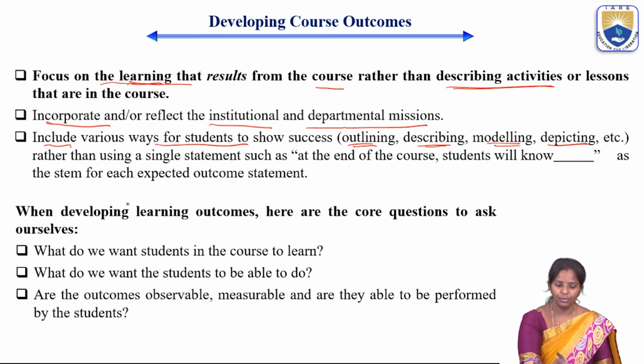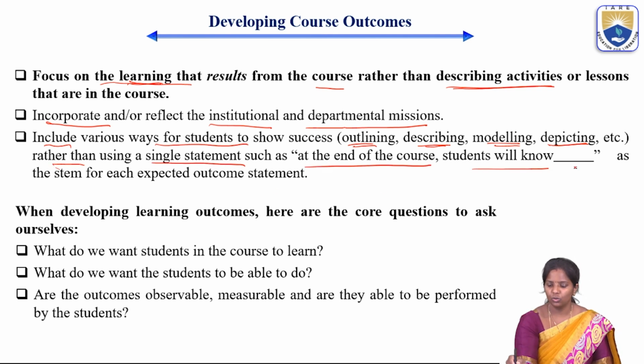So, for example, rather than a single statement saying at the end of the course, students will know, and so on, it is better we write outline or describe some process so that students will understand.